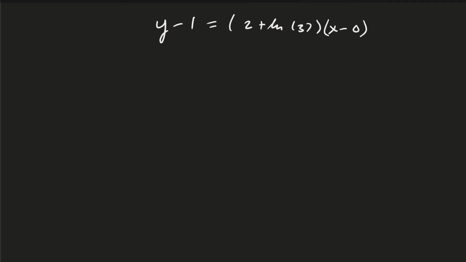Similarly, a function for temperature control might be something like 95 times 1/3 to the t plus 5.